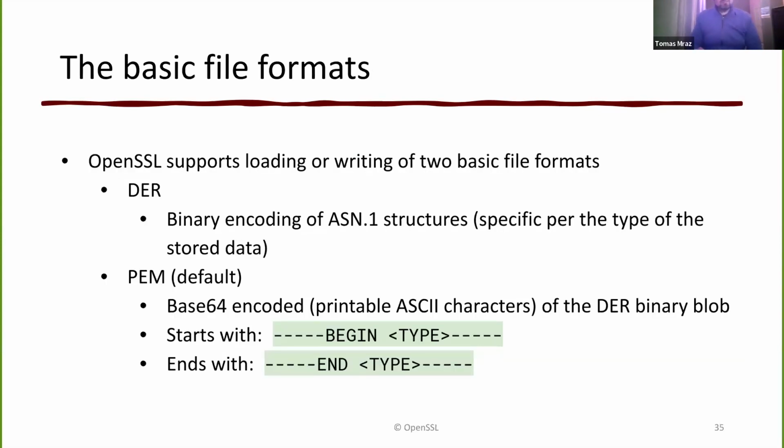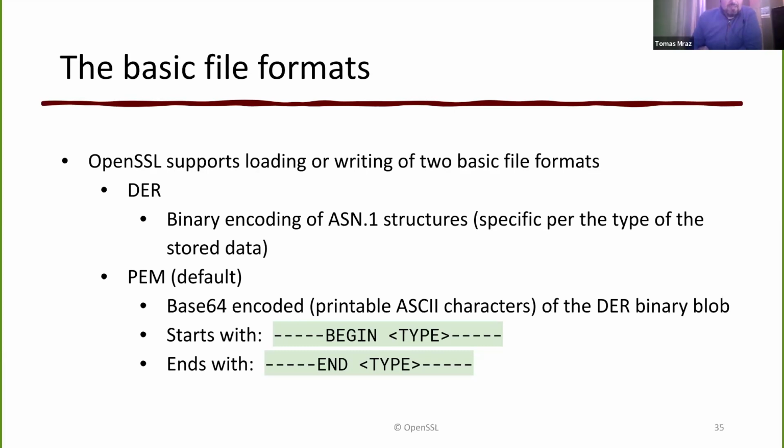So I also wanted to cover the basic file formats here. OpenSSL supports loading and writing of two basic file formats, and those are DER and PEM. The DER format is binary encoding of ASN.1 structures, which are specific per the type of the stored data.